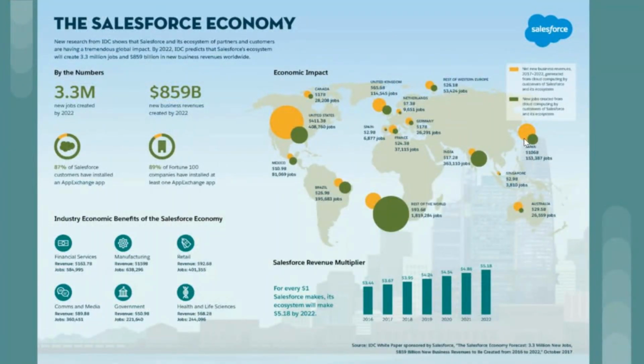I think they said that by 2022 they are going to generate 3.3 million jobs across the world, directly or indirectly. Directly in the sense, if I hire a person into my company, that is a direct resource. Let us say if I give this product to some other organization, and if that organization is hiring a person, then it is indirect generation.